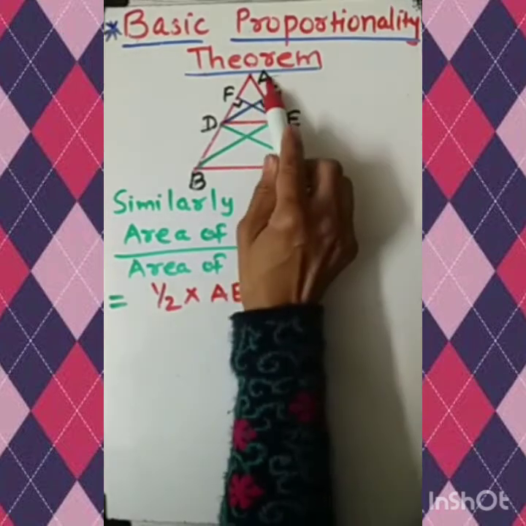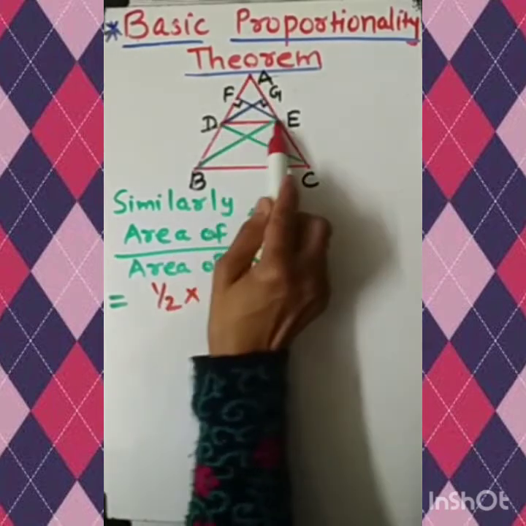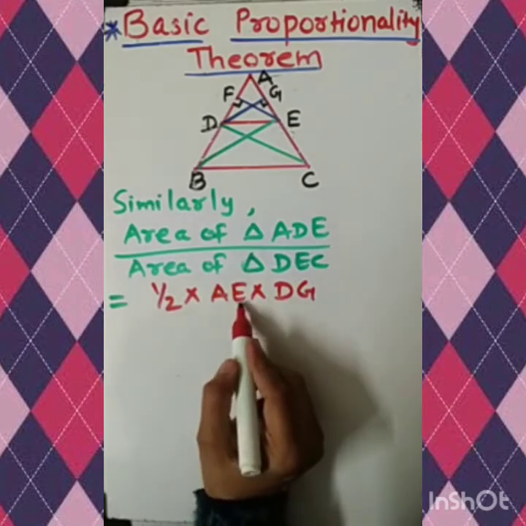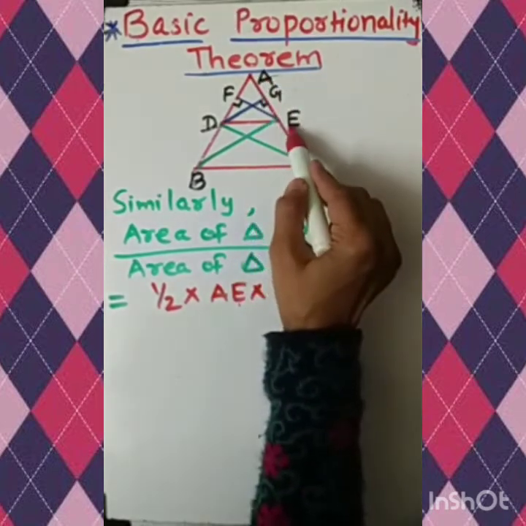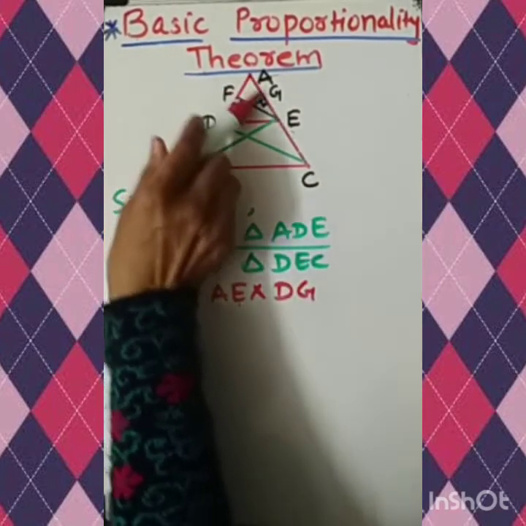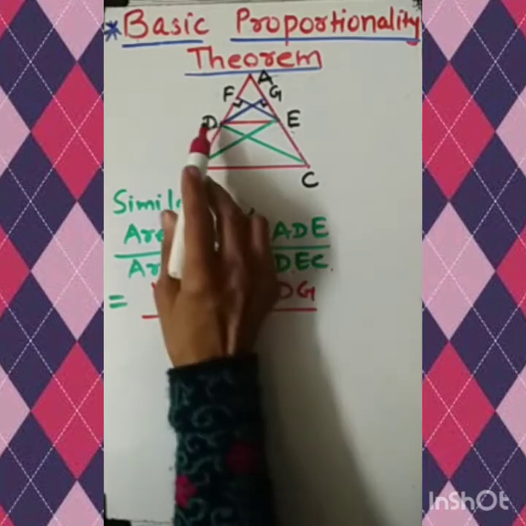DG is perpendicular and AE is considered as the base. Same thing for DEC.